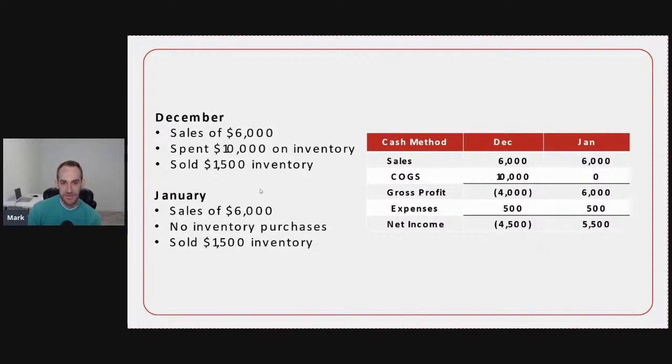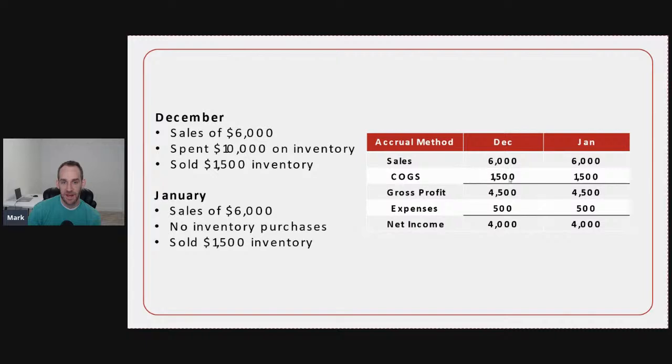So now let's look at how this would look with the accrual method. Same example. You have the same sales of 6,000. You have the same, well, income of 6,000. You sold the same amount of 1,500. So now you're actually deducting only what you sold. So 6,000 is the selling price.